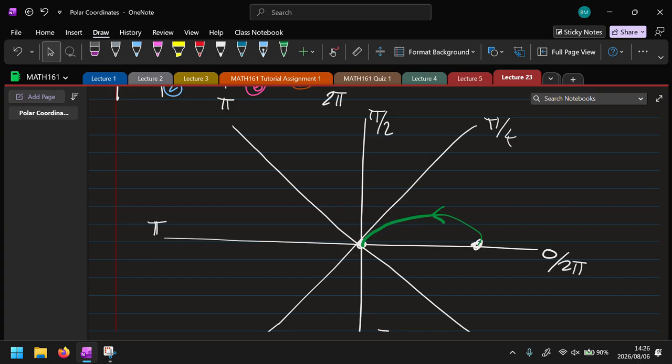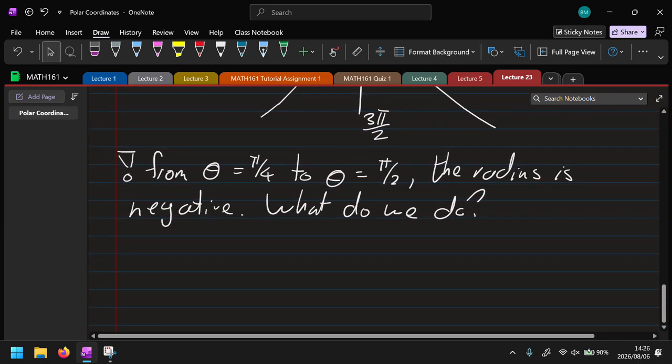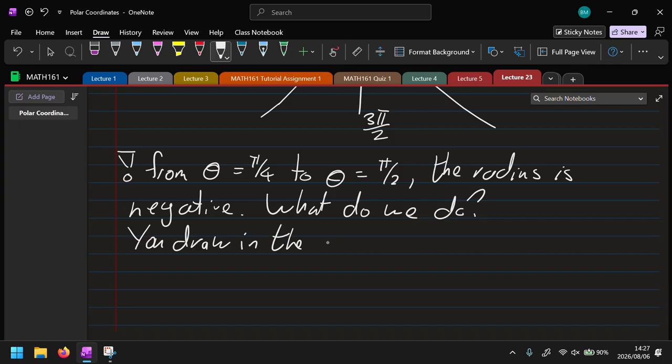When the radius is negative, you do a 180 and you draw in the opposite pizza slice. It's not a quadrant, so I'll call it pizza slice. You draw in the opposite. So 180 degrees, pizza slice.